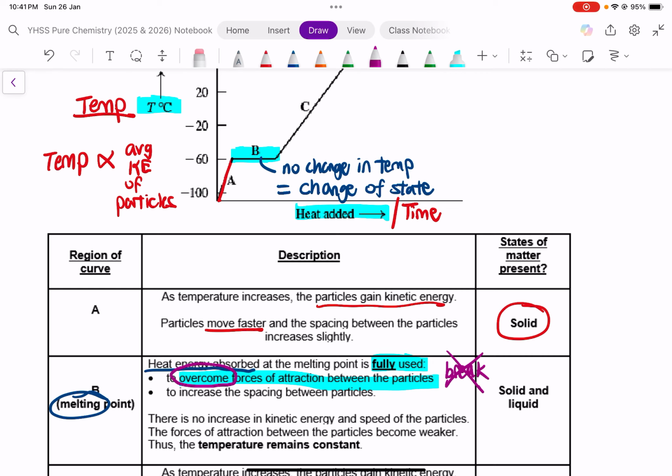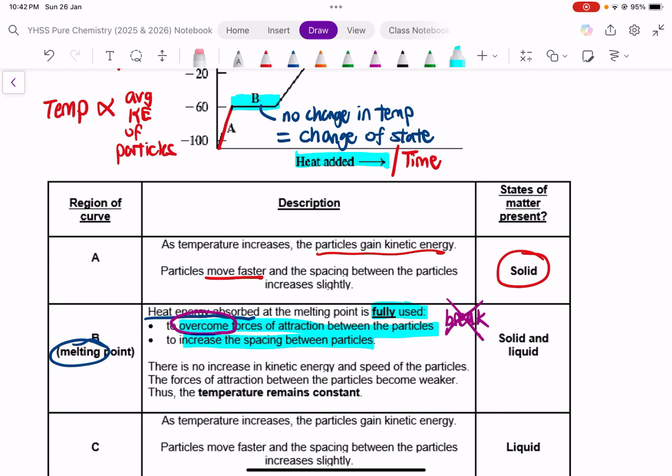And of course, because the forces of attraction are overcome, the spacing between the particles will therefore increase. Okay? And crucially, because we have used the heat energy completely to overcome the forces of attraction and to increase the spacing, there is no increase in kinetic energy and speed of the particles.